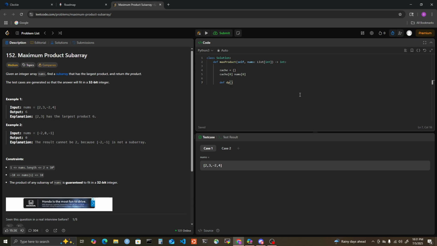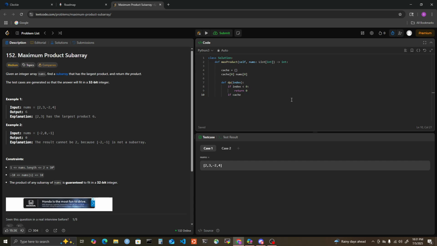Okay, I'm gonna say, I don't know, index. Index is a good number, I guess. If index is less than 0, then I guess we just return 0.